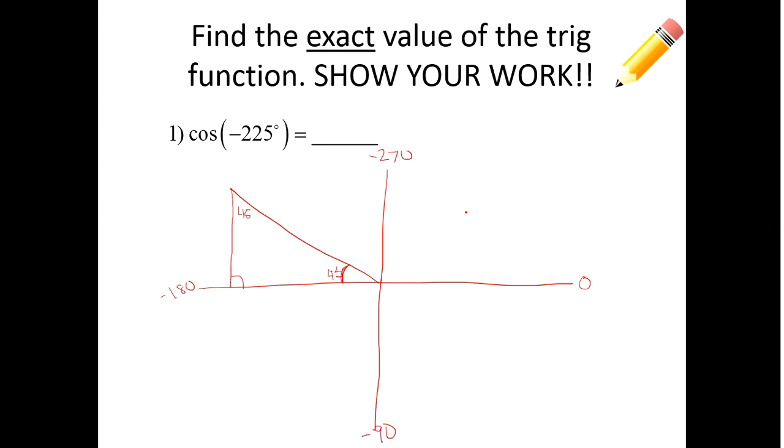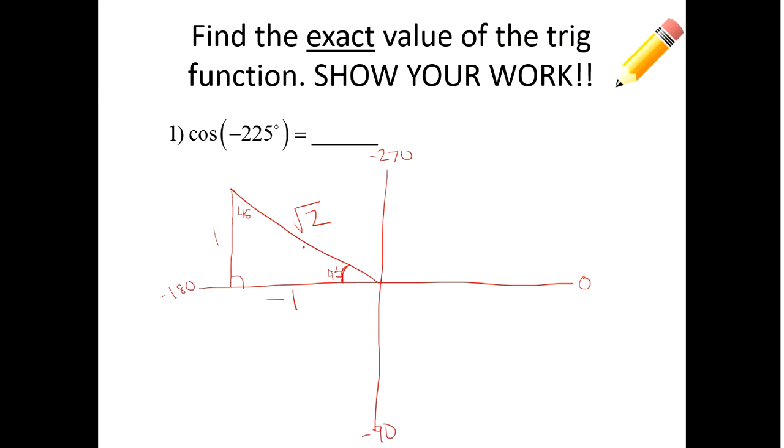But now, notice how I'm going to the left this way. So this is going to be a -1 because it is going to the left. So if you go left or down, you should have negatives. This is going to be a +1, and then I am going to have the square root of 2 for my hypotenuse. So your hypotenuse does not matter if it's negative.